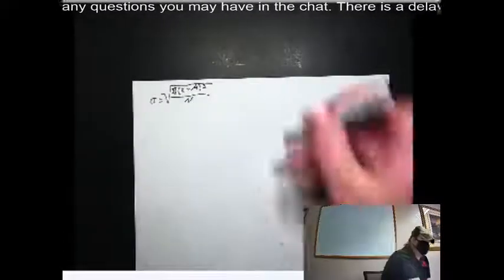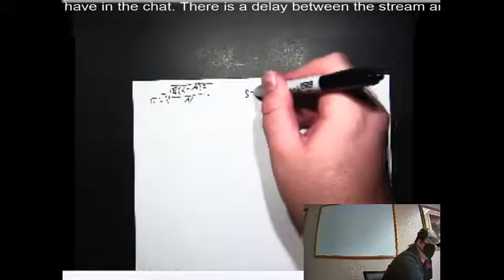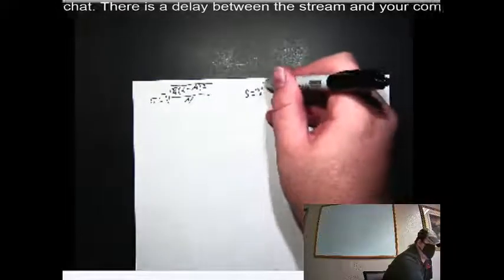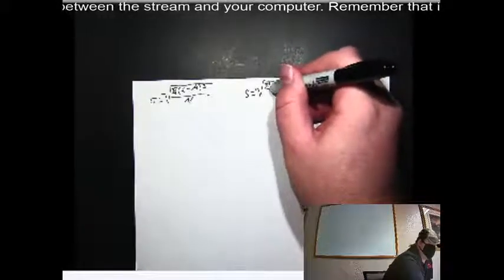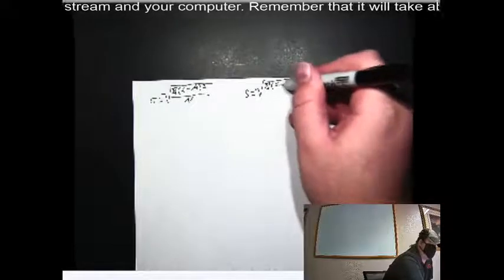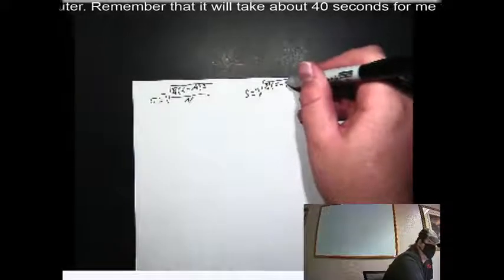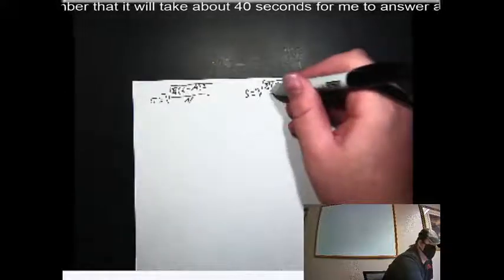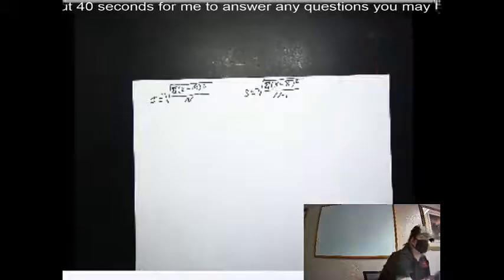And for a sample, it's very similar. We have s equals the square root of the sum of all data points minus the mean, x bar, squared, divided by n minus 1.